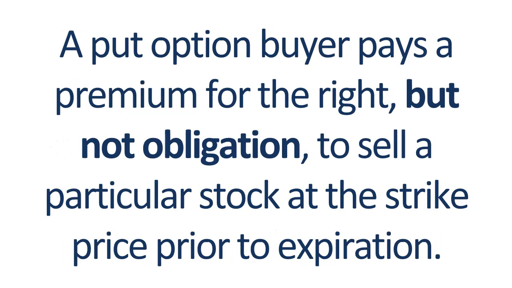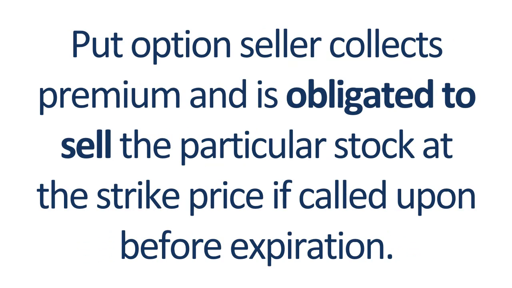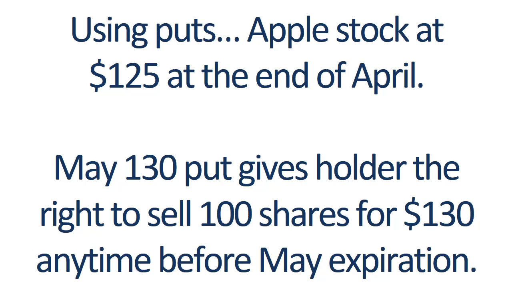Number one, a put option buyer pays a premium for the right, but not the obligation, to sell a particular stock at the strike price prior to expiration. Number two, the put option seller collects the premium and is obligated to buy the particular stock at the strike price if called upon before expiration. So let's look again at Apple and look at the trade using puts.